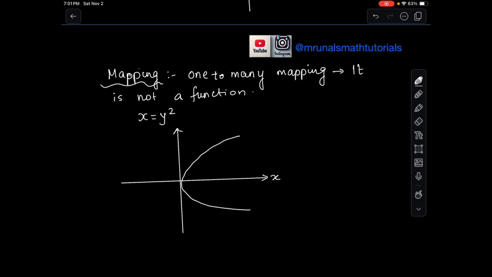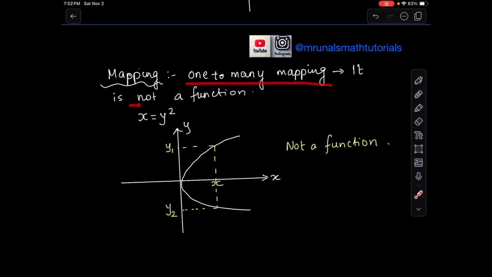So this is x and this is y. Here one input, x, is having two different outputs, y1 and y2. This is not a function. So we have only two types of functions, one-to-one and many-to-one. One-to-many is not a function.